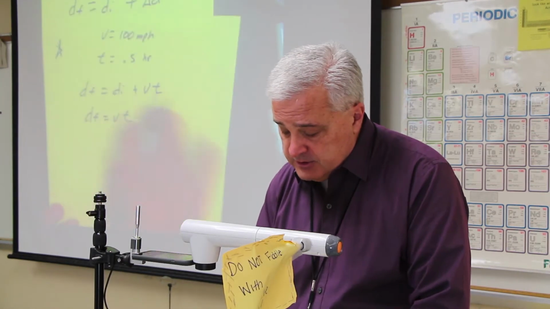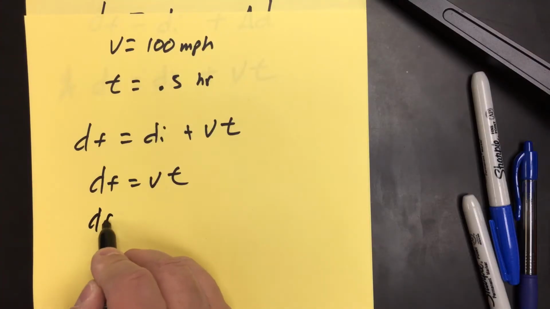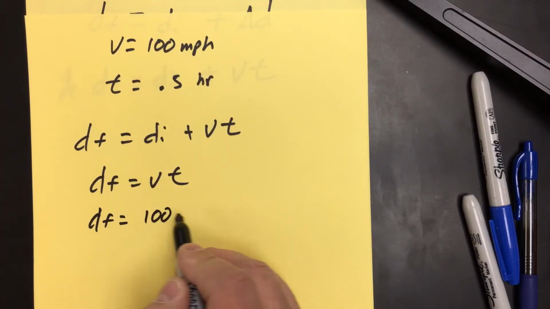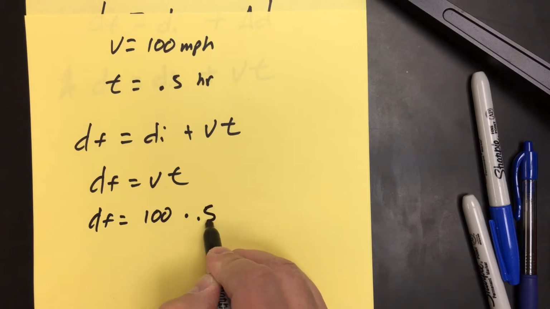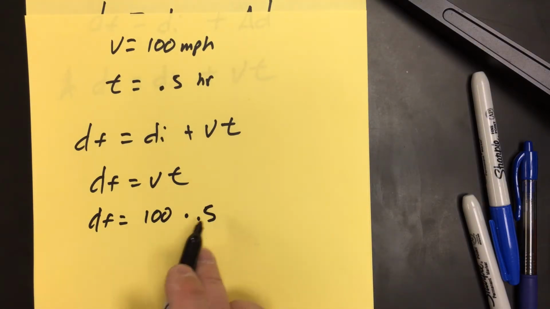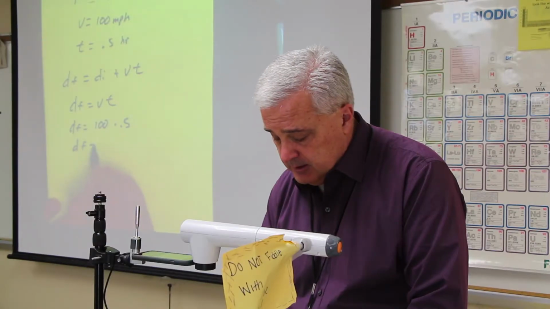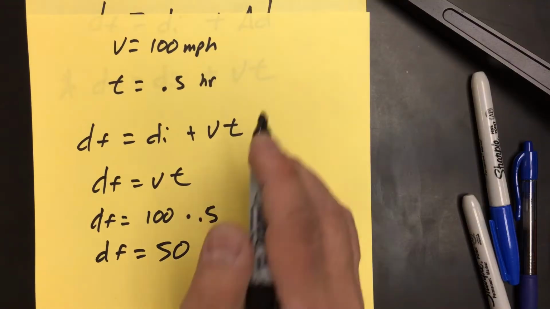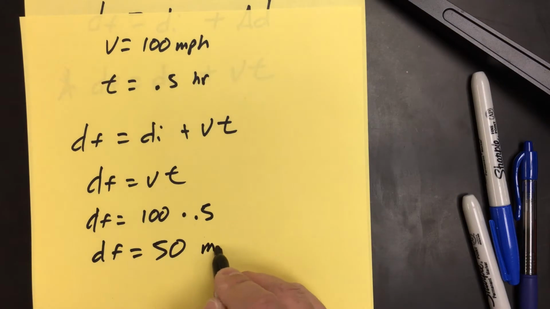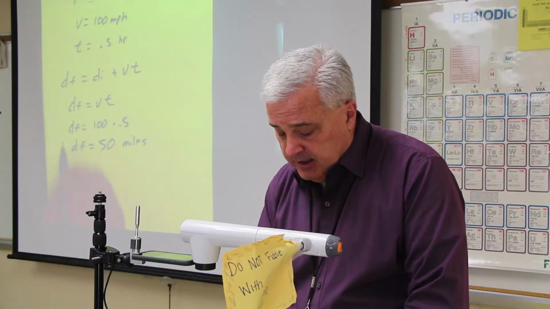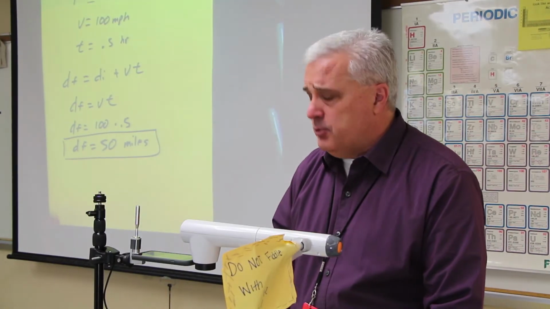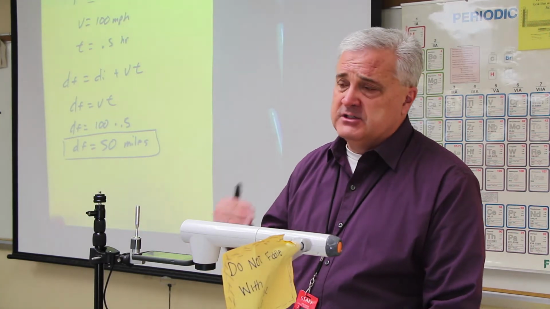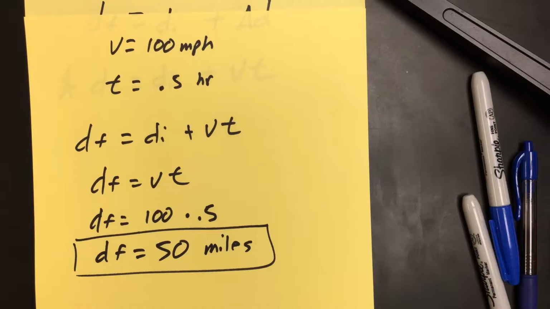I'm going to plug my numbers in. The final distance equals 100 times 0.5. 100 times 0.5 is 50. And because we're using blind faith, we know the units cancel, and that's going to give us miles. And that's the simple case where initial distance is 0.